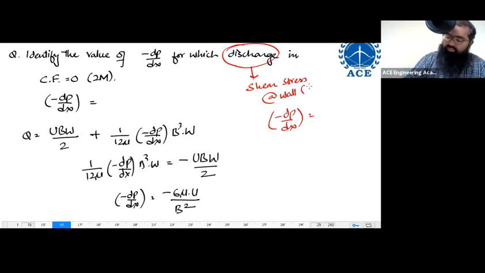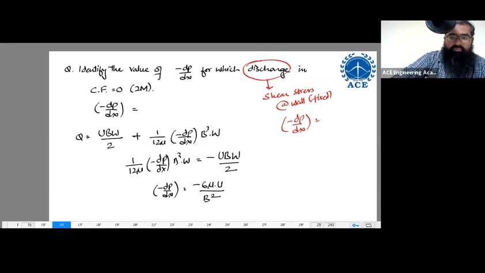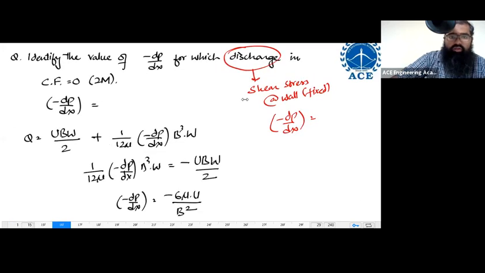At fixed wall. Come on, are you trying? Shear stress at the fixed wall is 0. Minus dp by dx is how much?